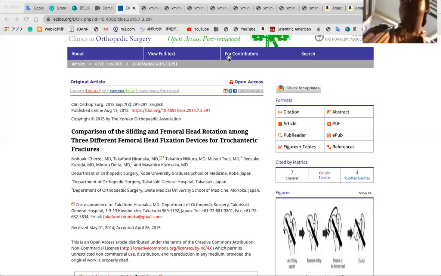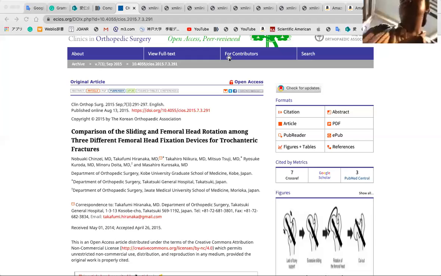So using the CT, the femoral neck axis is calculated like this, never like this, because we define the femoral neck axis as the line between the femoral head center and the femoral neck center.